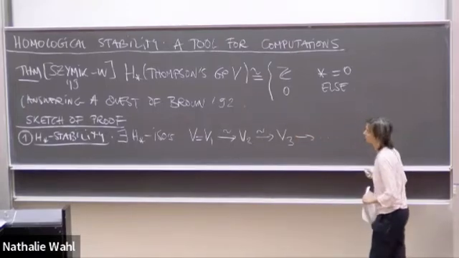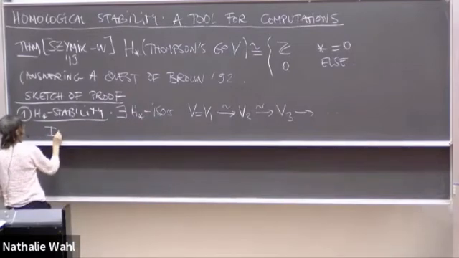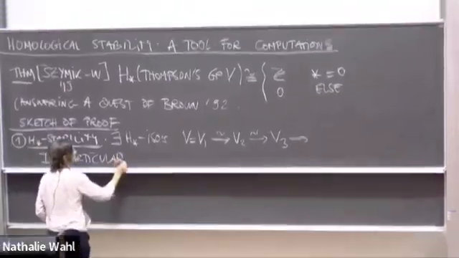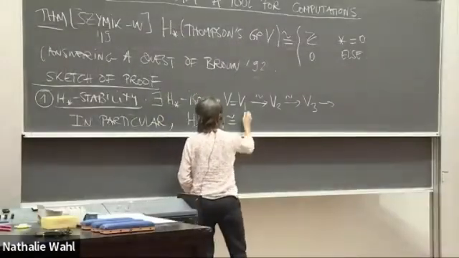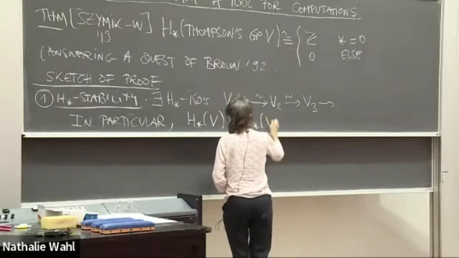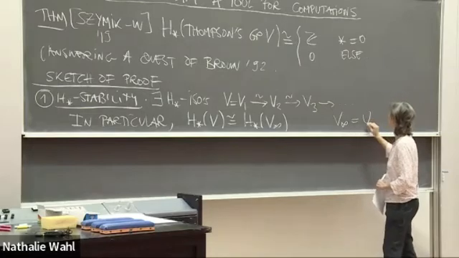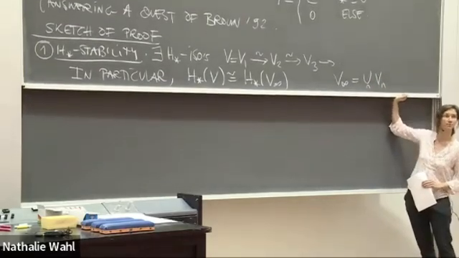Okay, so there are such isomorphisms, and in particular, this means that the homology of V is isomorphic to the homology of the limit group V infinity, being the union of all the groups in the sequence along these maps.